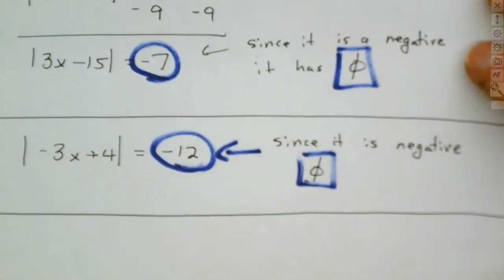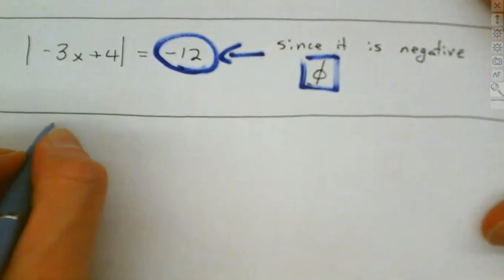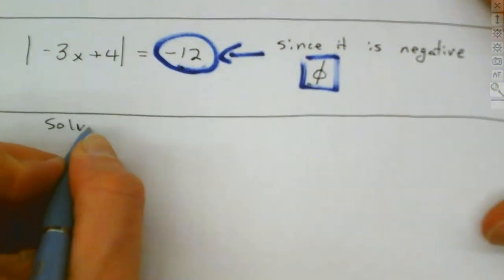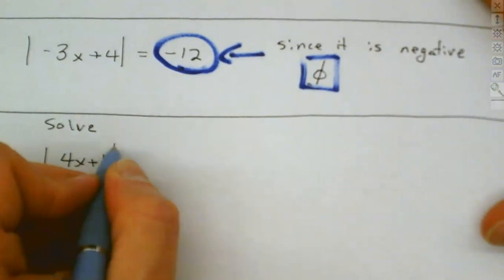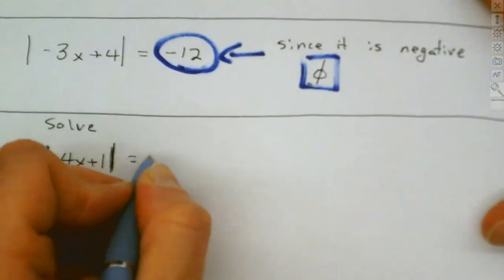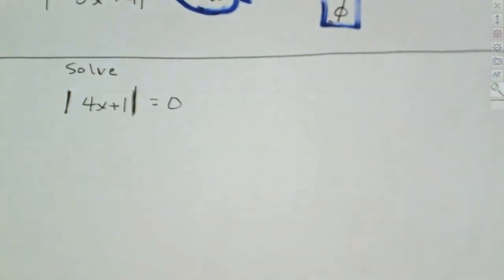What about 0? Okay, we've just got a couple more minutes here. Can we solve 0? Yes, we can. This one, though, would only give you one answer, because you can get 0. How can you get 0? Absolute value of 0 is, of course, 0.